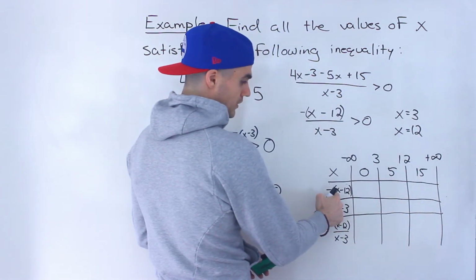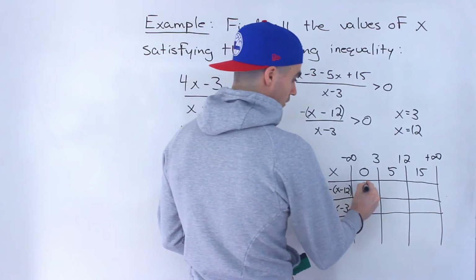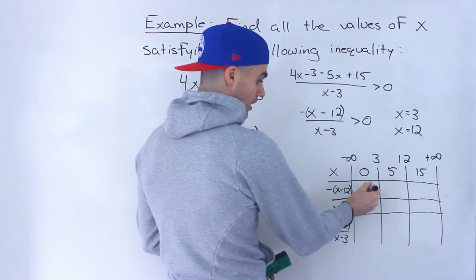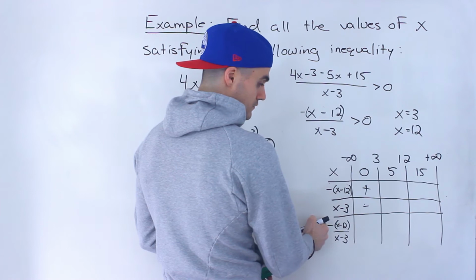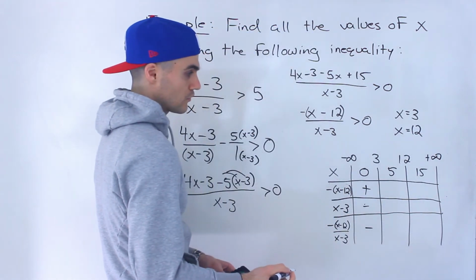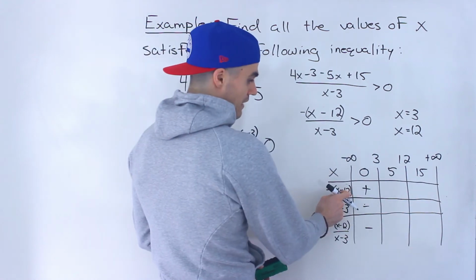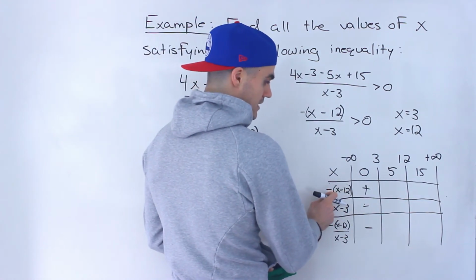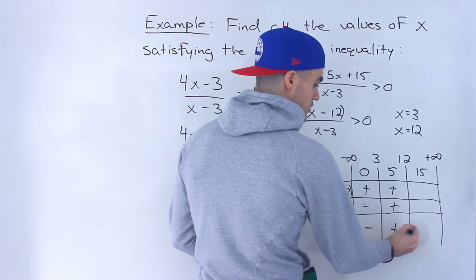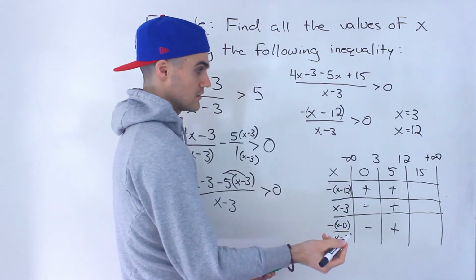If we plug in 0 here, we'll have 0 - 12 times negative 1 would give us a positive 12. 0 - 3 would be negative. A positive numerator divided by a negative denominator would give us a negative value for the function. If we plug in 5, 5 - 12 is negative 7 times a negative 1 gives us positive. 5 - 3 is positive, so those divided by each other would give us a positive value.